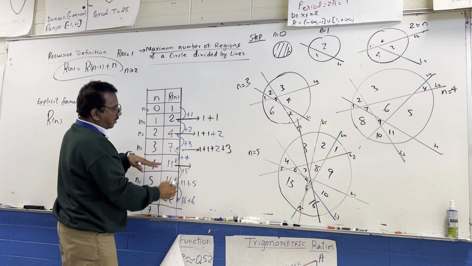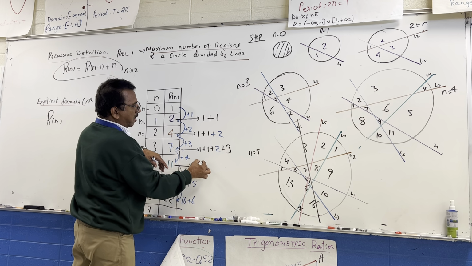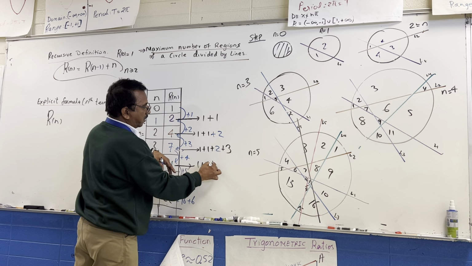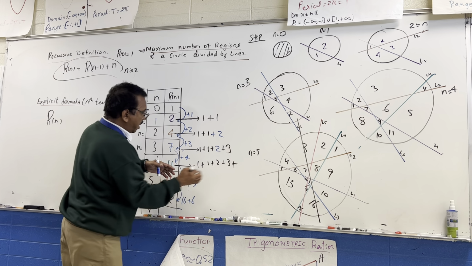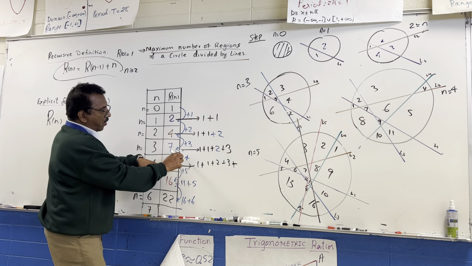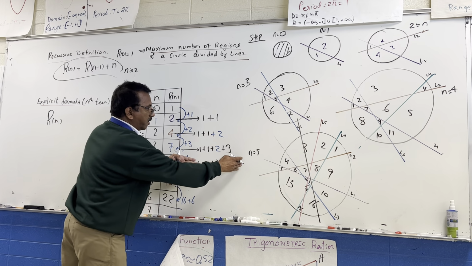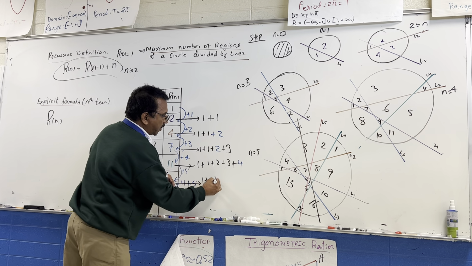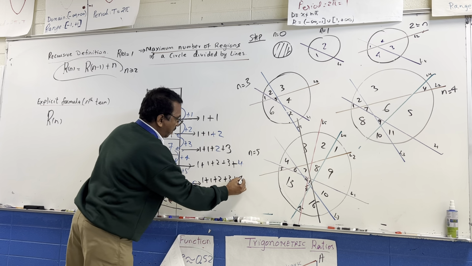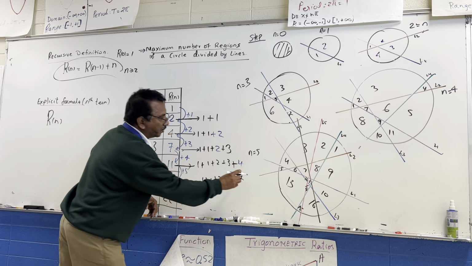How do we get this 11? So it is this whole thing 1 plus 2 plus 3, and then you add this 4. How did we get 16? This whole thing 1 plus 2 plus 3 plus 4, and then you're adding 5.